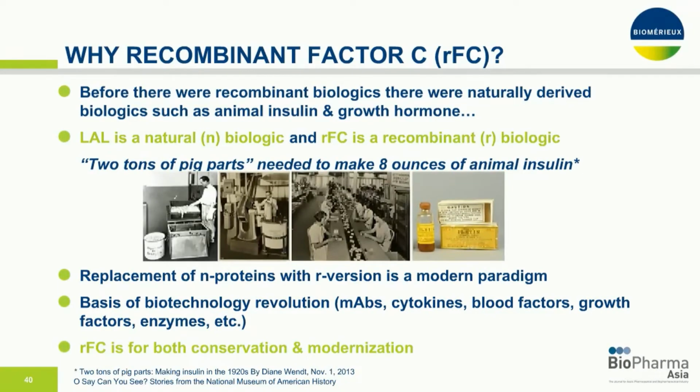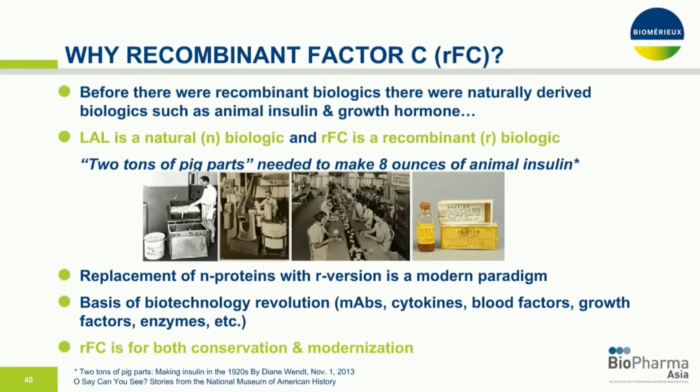So if we're wondering why recombinant factor C might be the next logical step in endotoxin testing, we can see that as a medical paradigm, the replacement of natural proteins with recombinant proteins has been ongoing for some time.